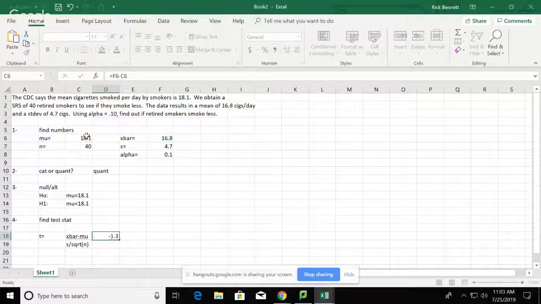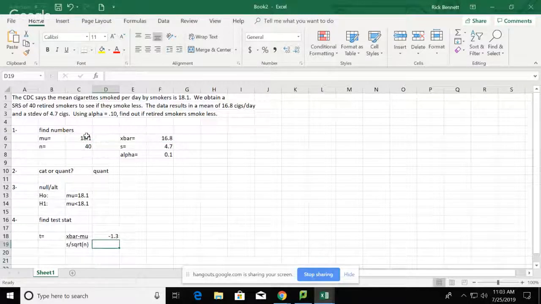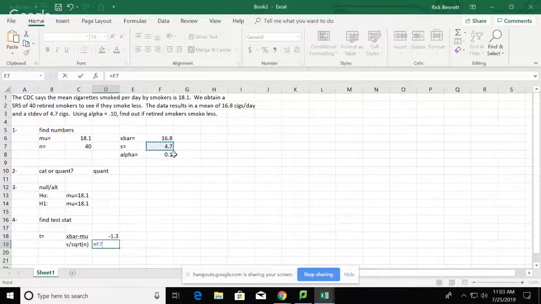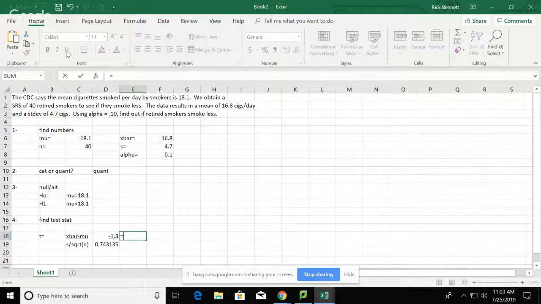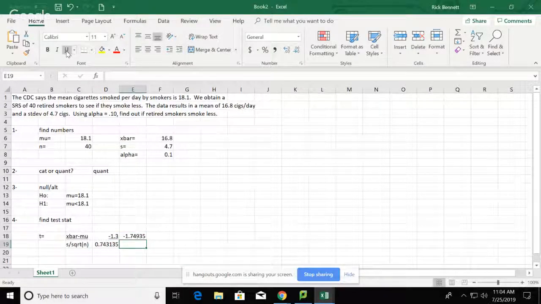We're going to press enter first, and then we're going to do 4.7 divided by the square root of 40. We're going to divide the numerator by the denominator, and we'll get negative 1.74.